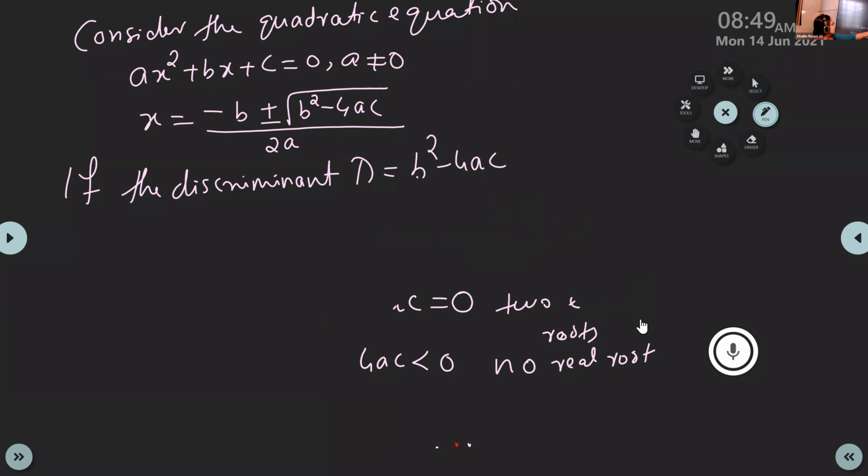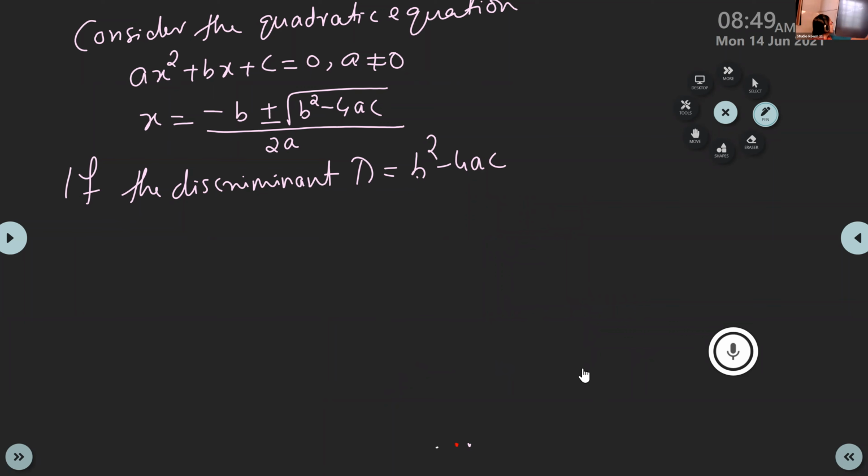Consider the discriminant D equal to b square minus 4ac.